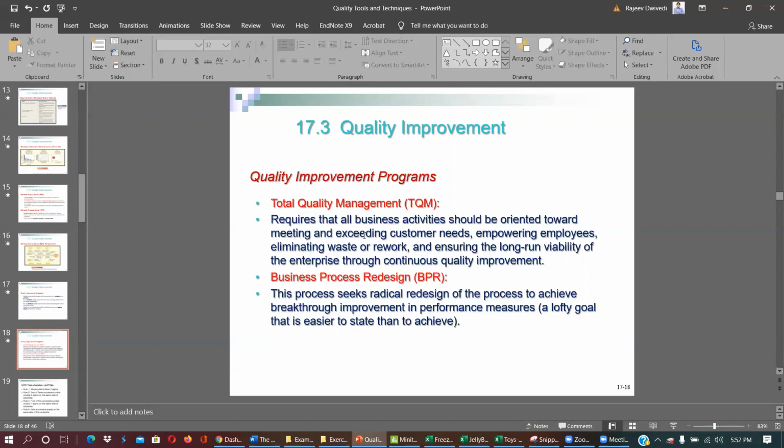Let's say I give you a very simple example of total quality management in education. What do you think? What is the TQM in education? Let's say total quality management in Eastern Washington University.